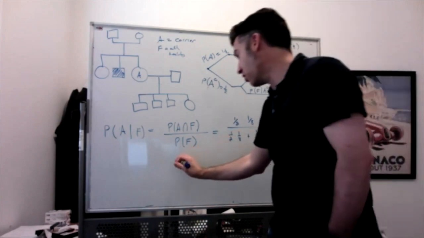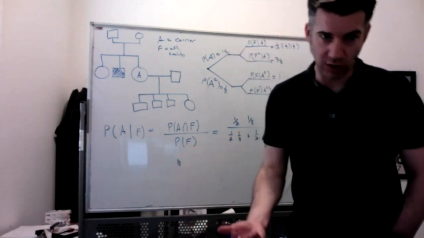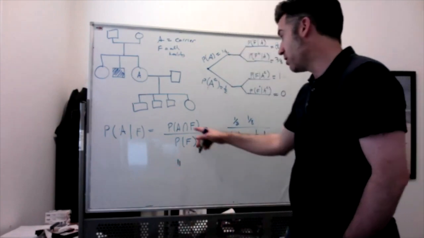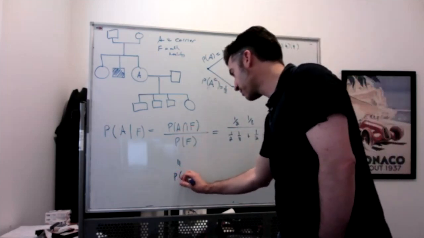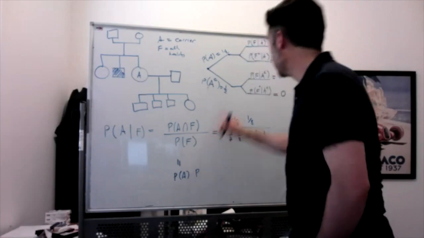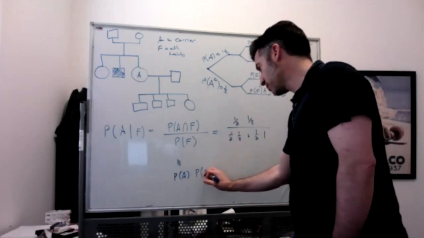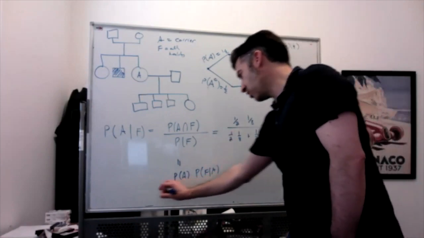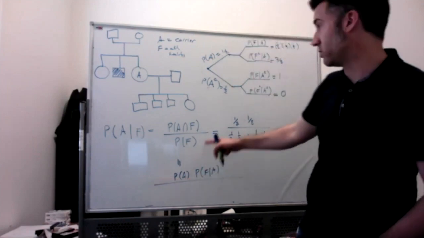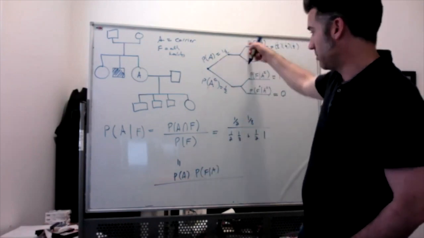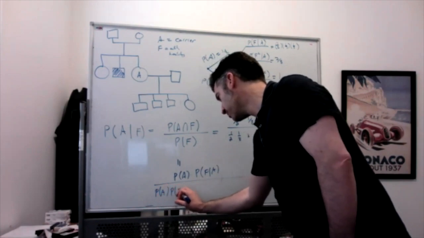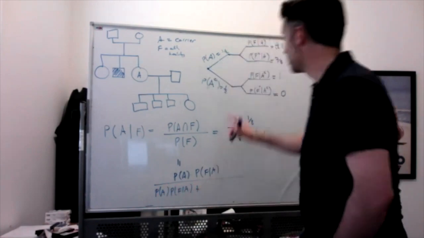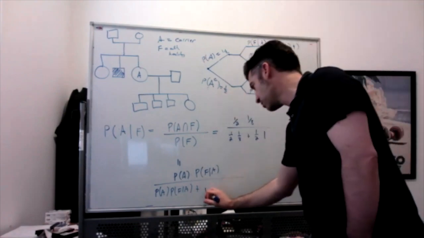You don't have to know, although I still think you should know, that the probability of A given F is the probability of A times the probability of F given A. You don't have to know the rule of total probability for F, which is that the probability of F is this times this plus this times this.